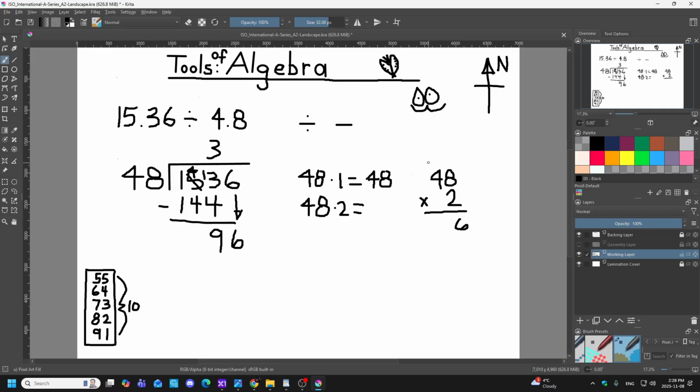So do your work on a scrap piece of paper, that way you're not erasing. Okay? 2. That is our number. 48 times 2. Put our 2 there. 96. Again, subtraction. We have a remainder of 0. Perfect.